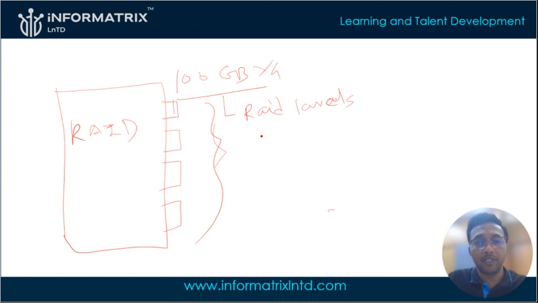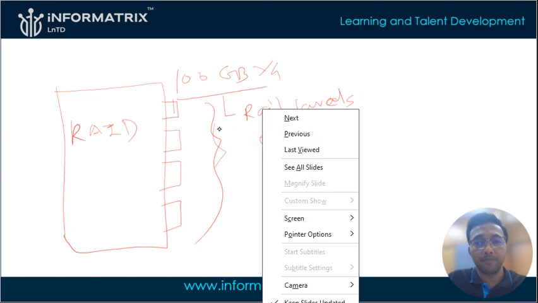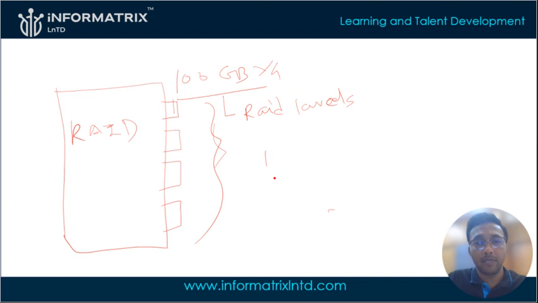So RAID level 0, RAID level 1, RAID level 5, like that there are RAID levels. Whenever we are creating the RAID partitions at the hardware level, usually these RAID levels can be selected. Now what is the meaning of it?